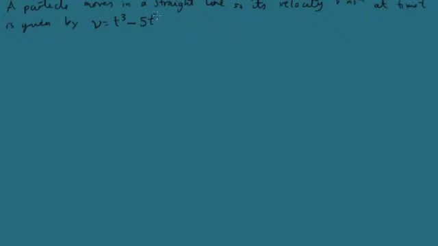So a particle moves in a straight line so its velocity v meters per second at time t is given by v equals t cubed minus 5t squared.